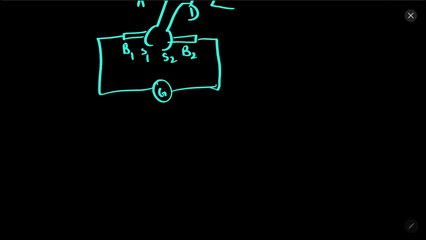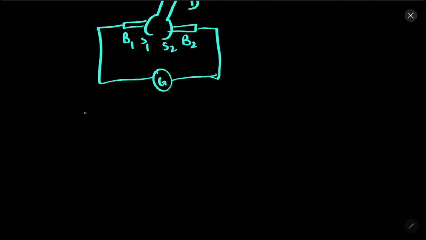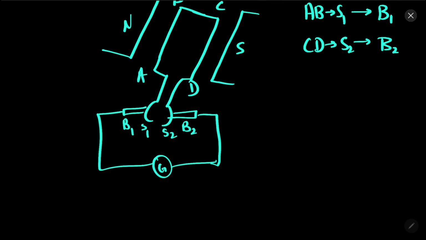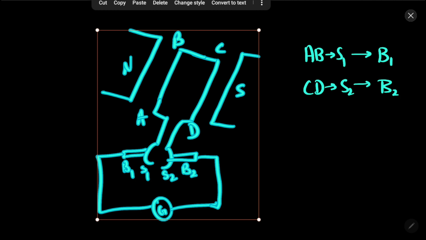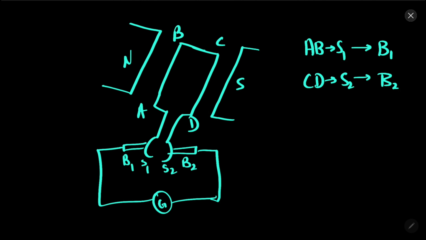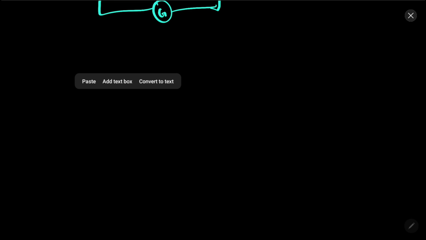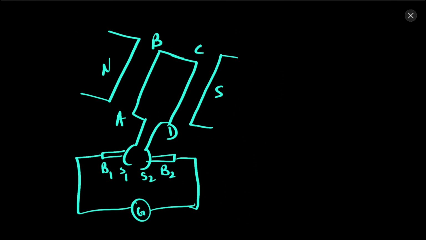But after a cycle, let's draw the second part of this. After rotating, CD will be here and AB will come here.